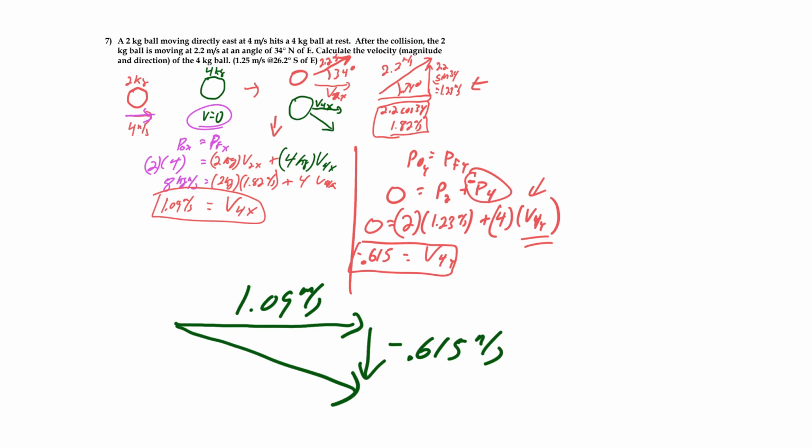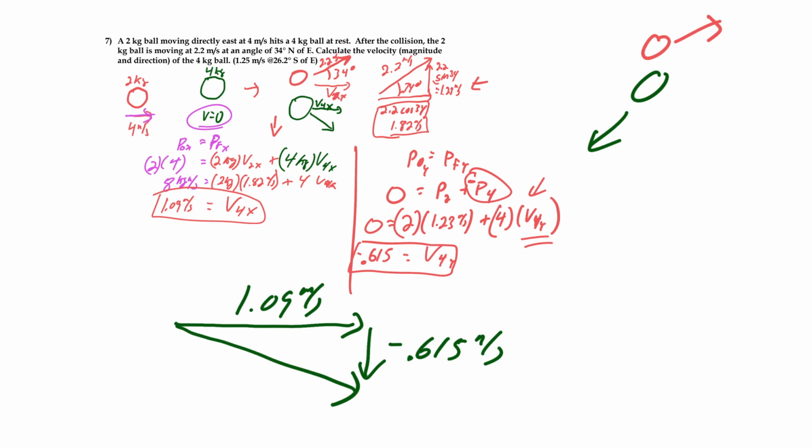If, for example, our x velocity was negative, then that would tell you that maybe it goes back. So maybe this is ball 4, this is ball 2, this could possibly go like that. Now it's unlikely that that would happen, but it is possible. It doesn't violate the laws of physics, because momentum still can be conserved.